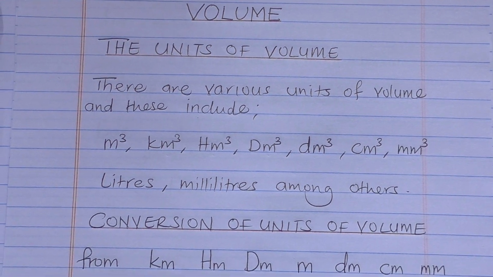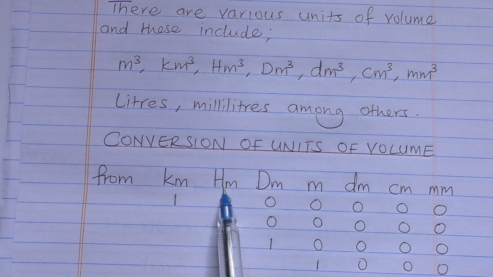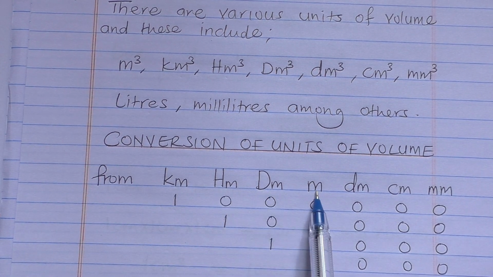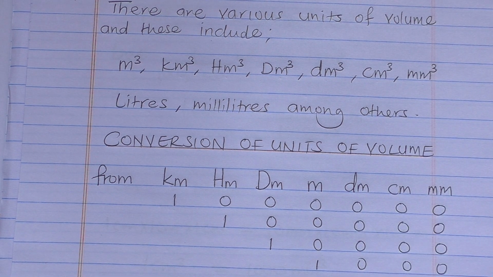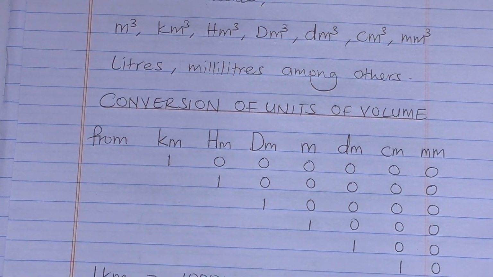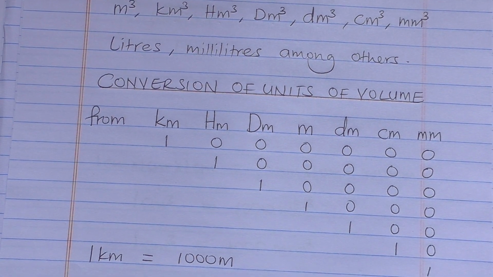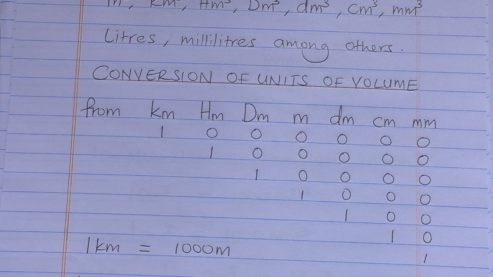We shall use our formula of "King Herod, your daughter Mary drank cold milk." This one guides us on how to convert from one unit to another. This one is a general formula. It works for length, area, volume, and mass.